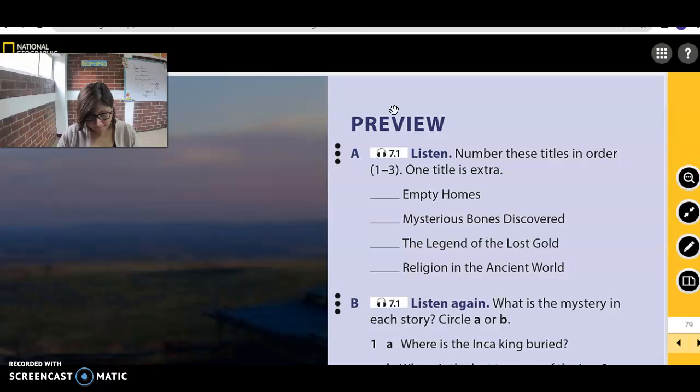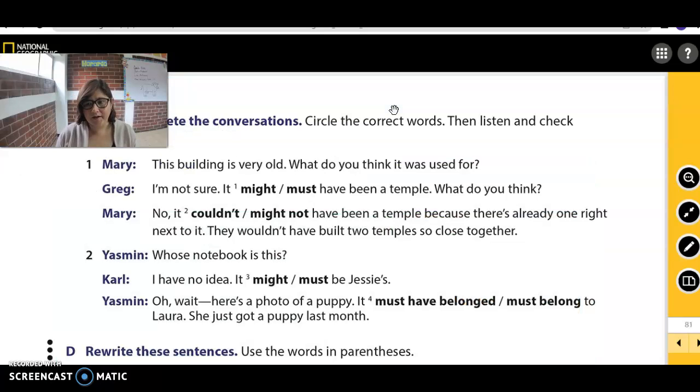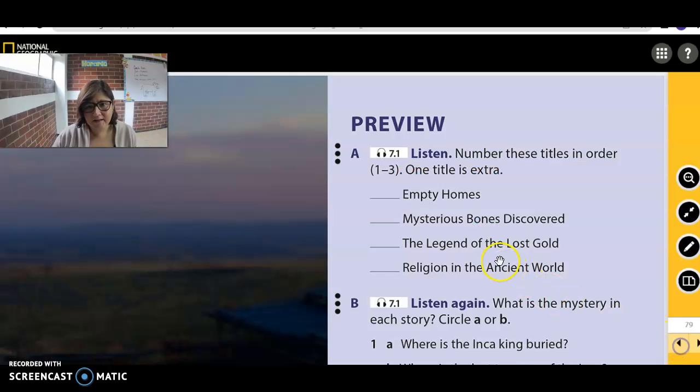In this activity, you will hear 3 stories about ancient civilizations. Each story will be different. Then you have to choose the best title for each story.